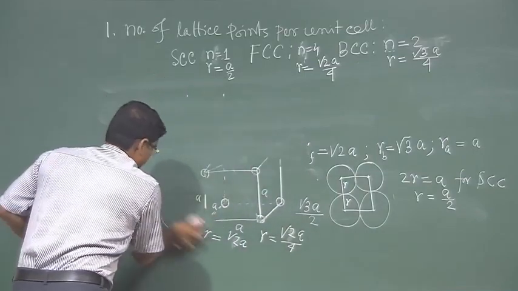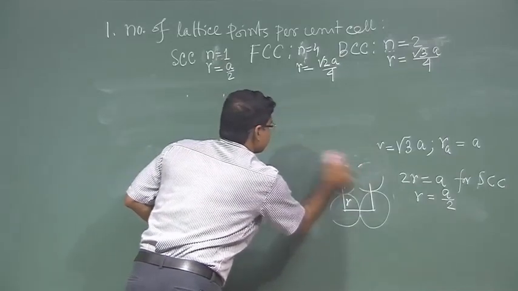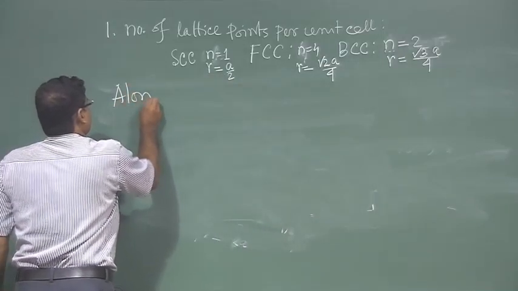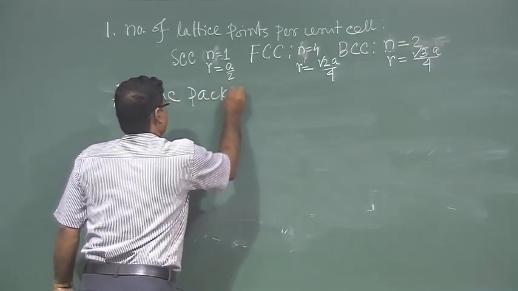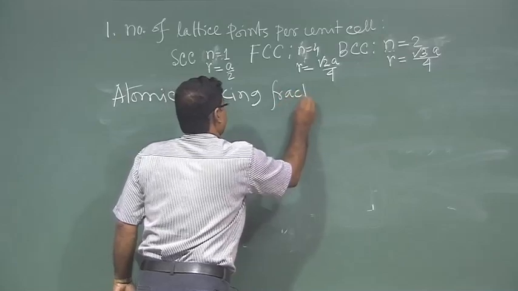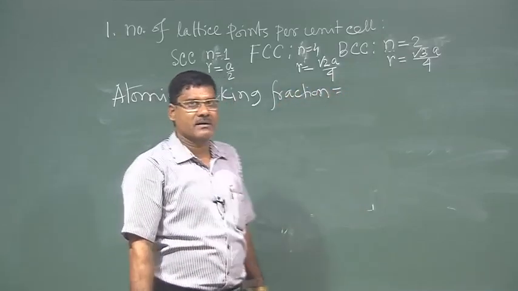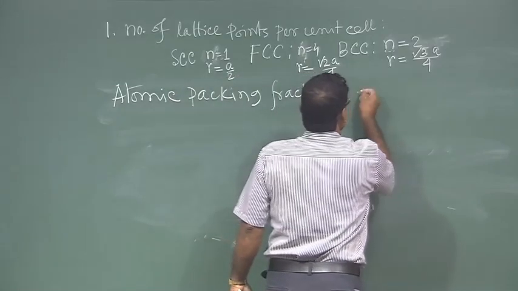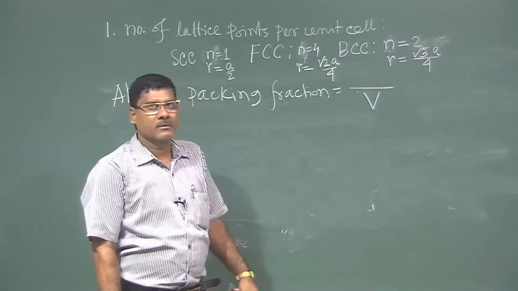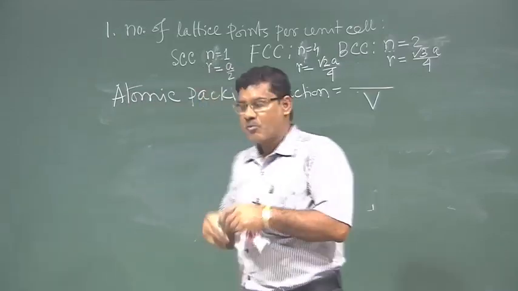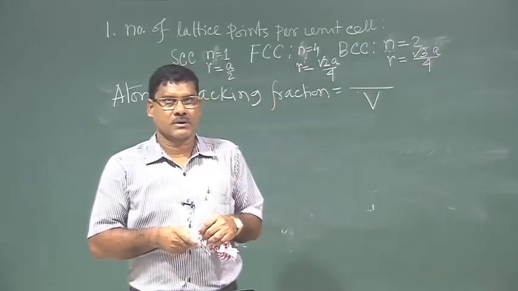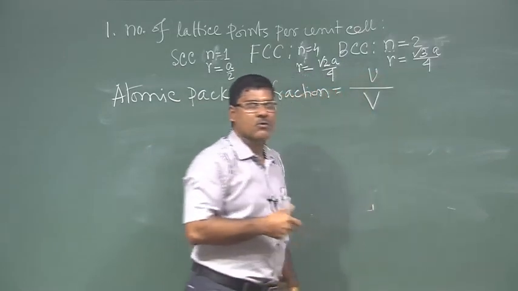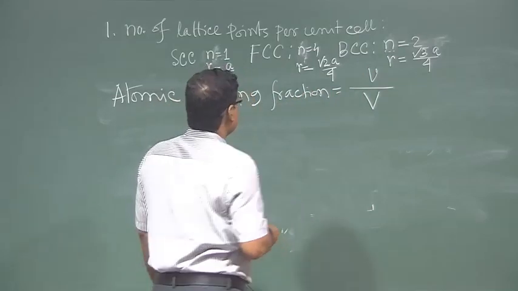Atomic packing fraction is defined as follows: the unit cell itself has a volume V, and in this unit cell, how much volume is occupied by the atoms, let us say small v volume is occupied by the atoms.